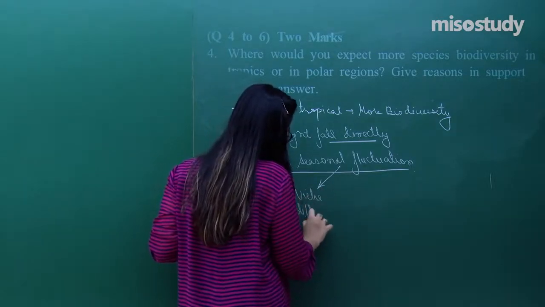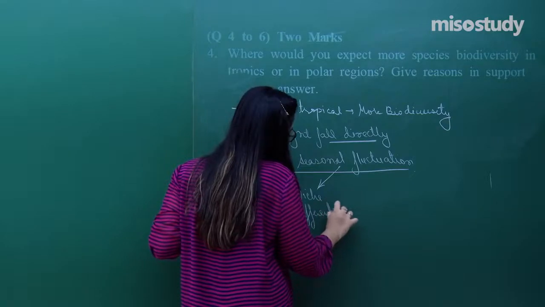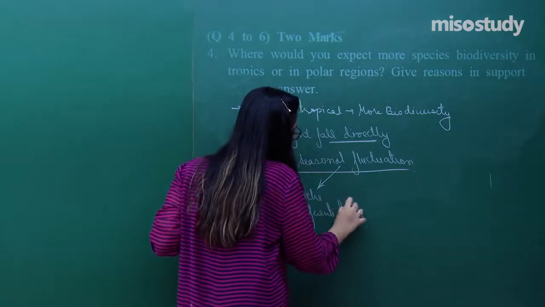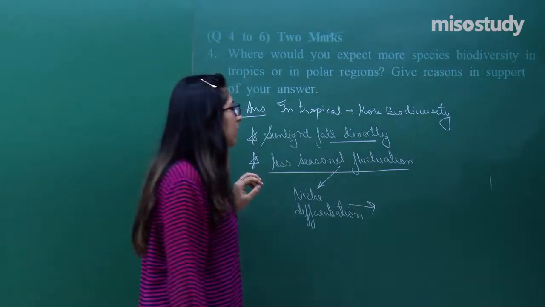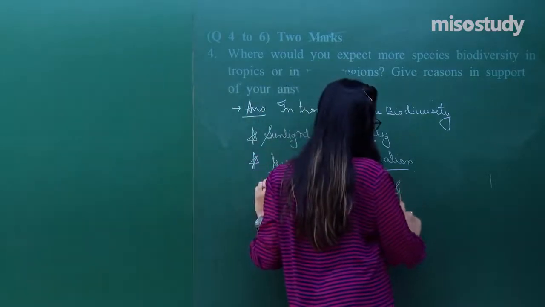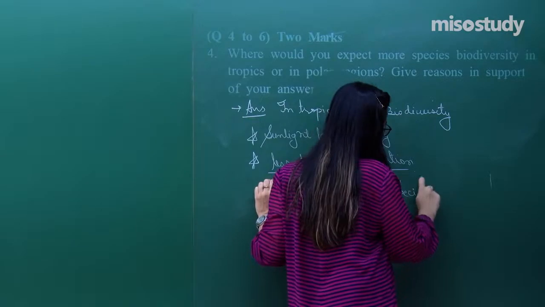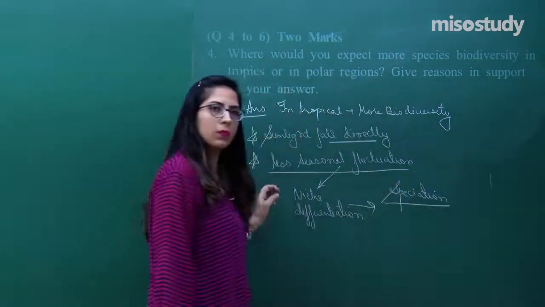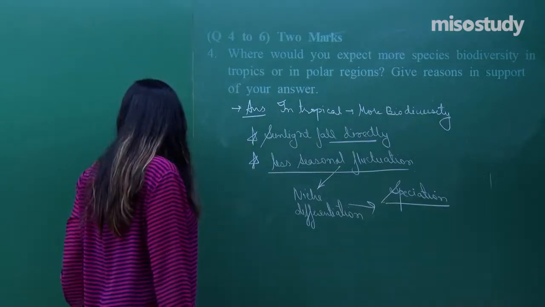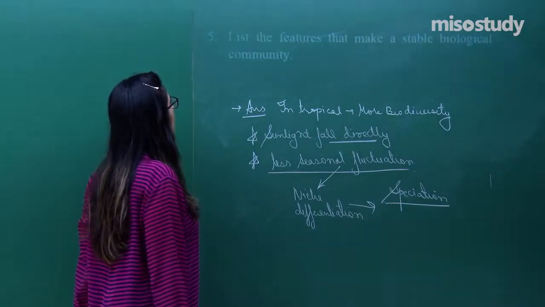When niche differentiation is there and no fluctuation can be seen, then definitely it will lead to speciation.